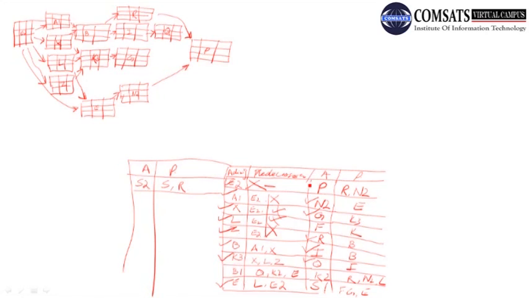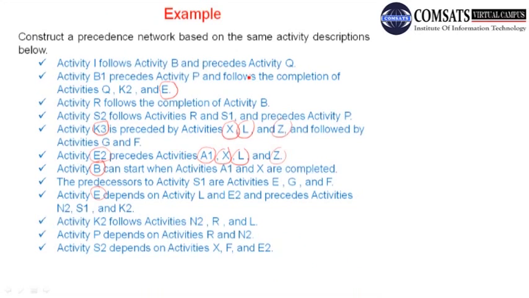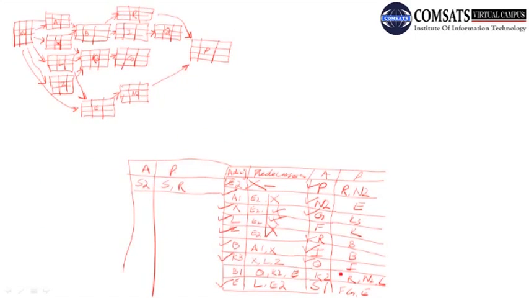Okay, so P has been drawn, and now we are left with F, and F is dependent on K. Let's see where we do have K. No, F is dependent on K3. There is no K. Okay, so F is dependent on K3. So we can have another box over there for F as well.